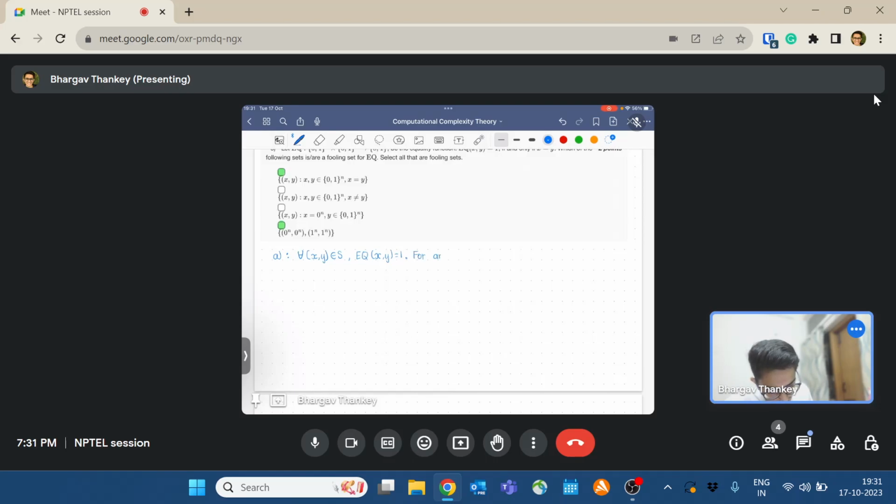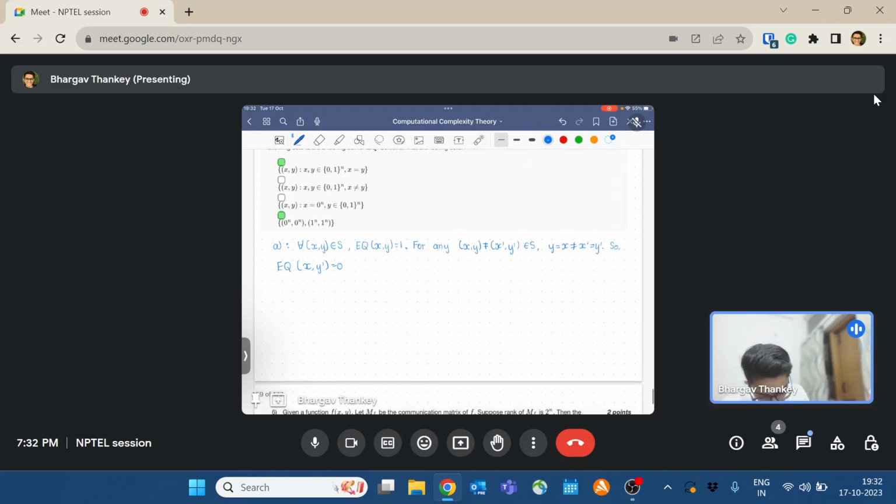For any two distinct pairs (x, y) and (x', y') in S, x is not equal to y', so we must have the equality of one of the crossed pairs equal to 0. So A is a fooling set.